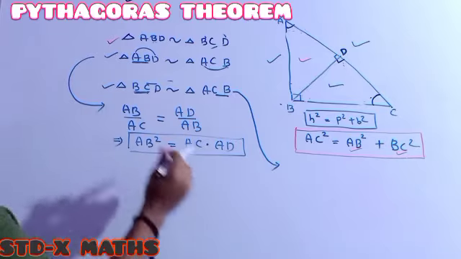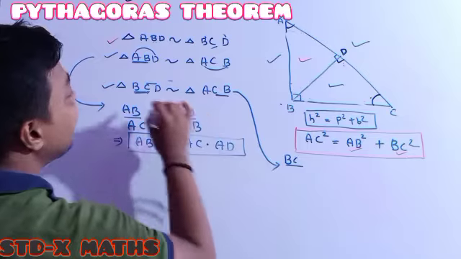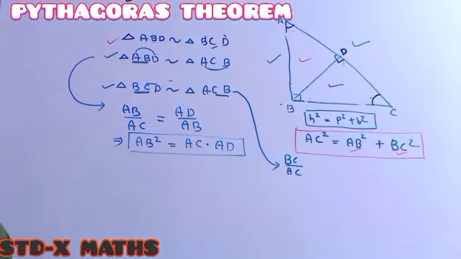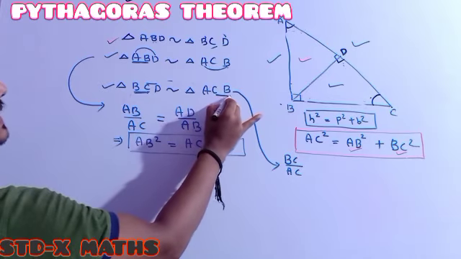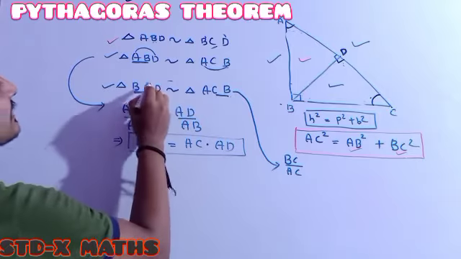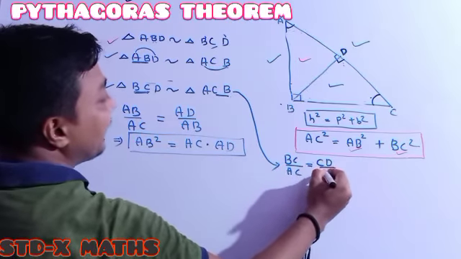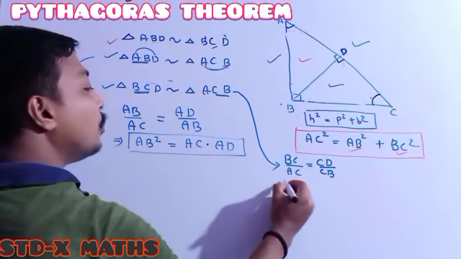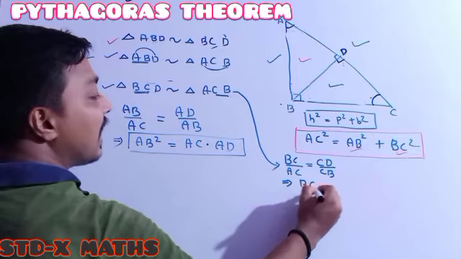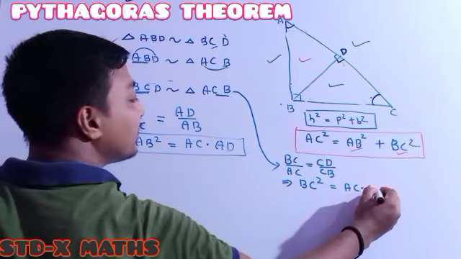So we choose the ratio BC divided by AC. On the right side, the second and third having CB, so here also we choose the second and third: CD divided by CB. See perfectly, BC, here it is BC, so our BC square is equal to AC into CD.